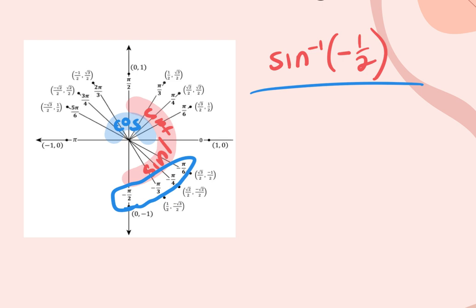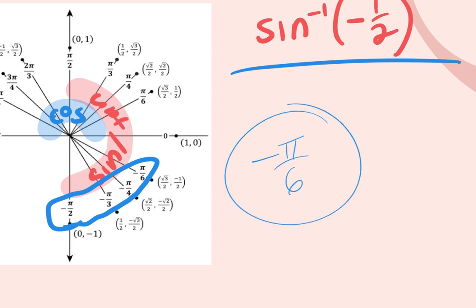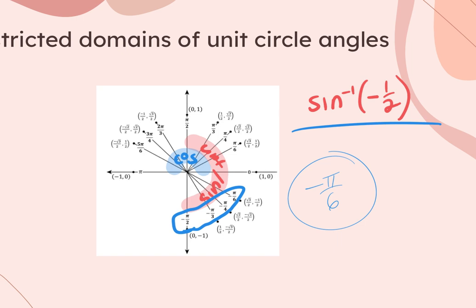Where is the y negative 1/2 from the restricted part of sine? Negative pi over 6. And that is the only correct answer. If you give 11 pi over 6, it's wrong. And if you give, what's the other one? 7 pi over 6, it's wrong. So you have to know which areas to restrict it to.